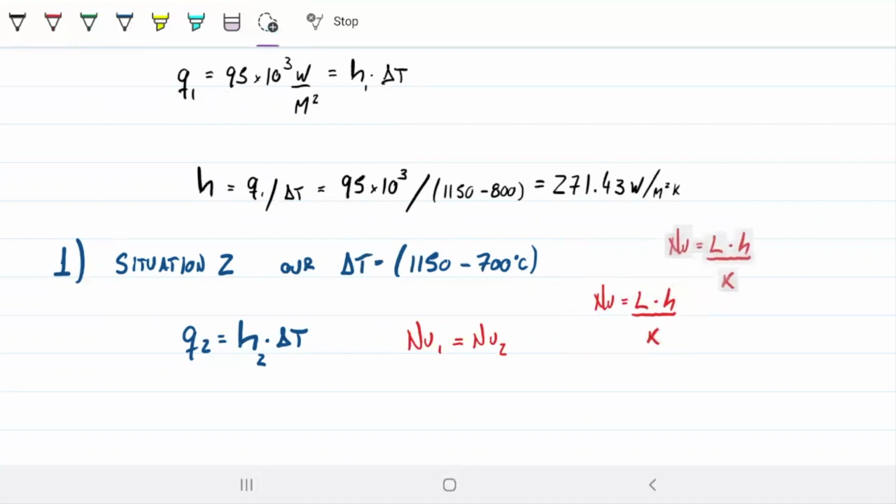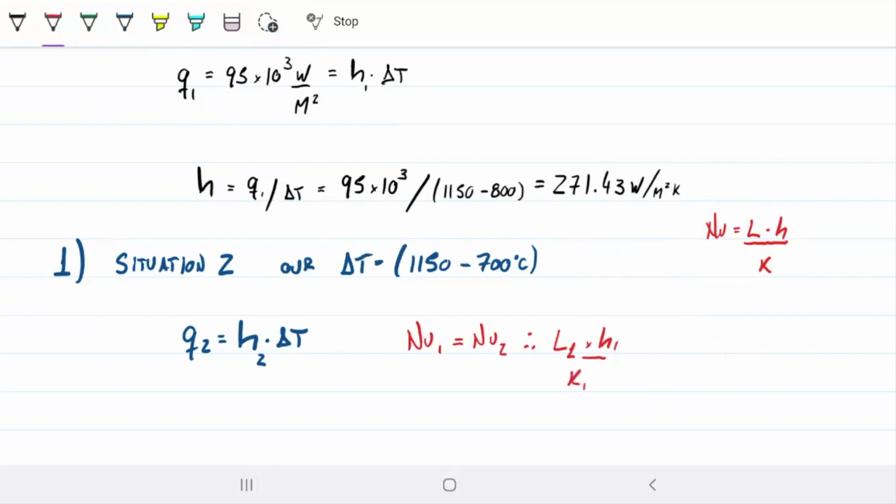We know that from our last class. So I can write it like so: length of the first one times the convective coefficient of the first one divided by conductivity of the first one equals length of the second one times convective coefficient of the second one divided by conductivity of the second one.